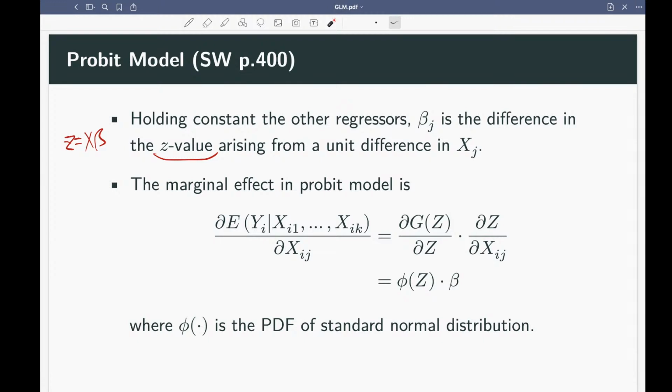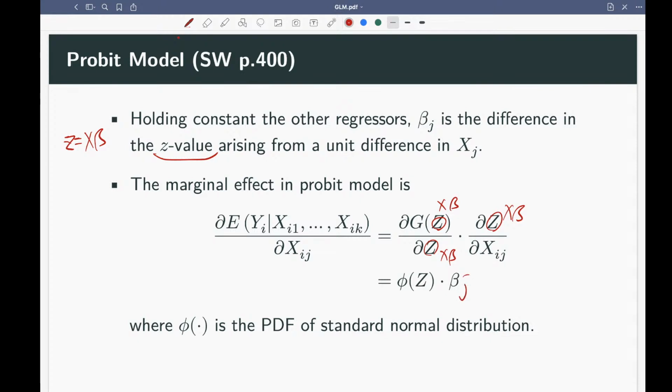You can use a partial derivative with respect to xij. At first we should do the chain rule: the partial of G with respect to the partial of z, and next the partial of z with respect to the partial of xij. The partial of z is x beta, so this term is beta j.